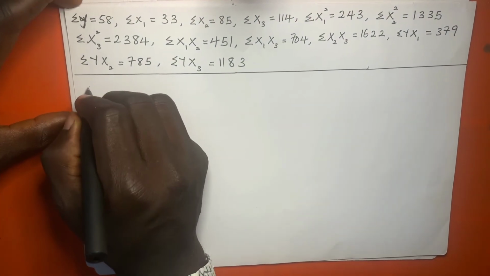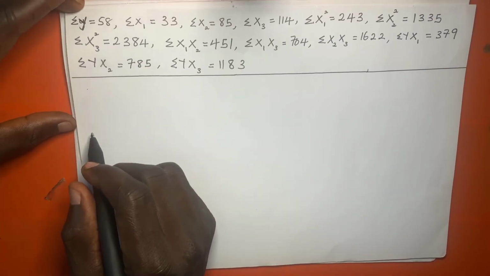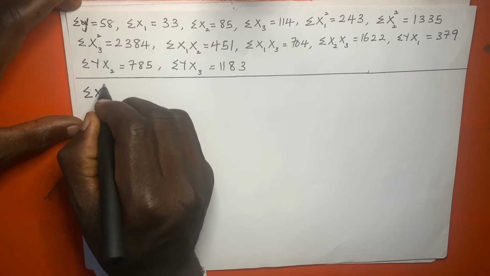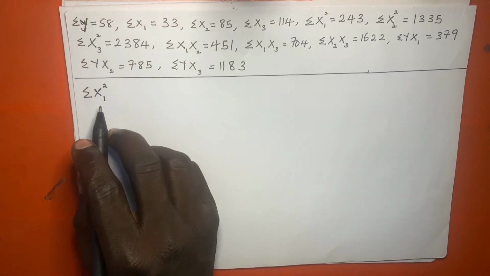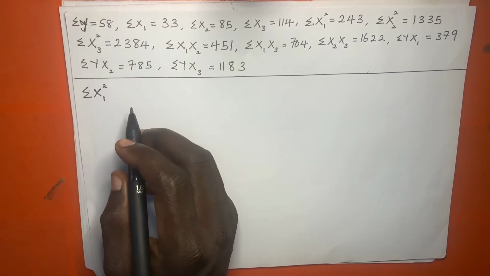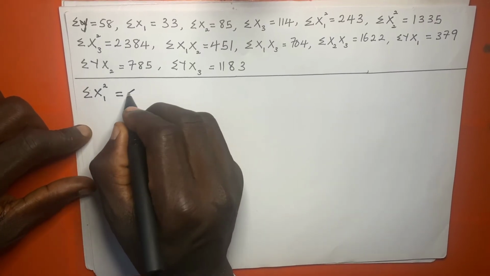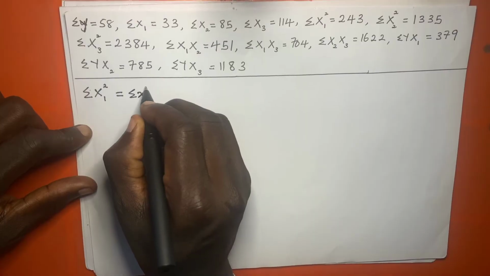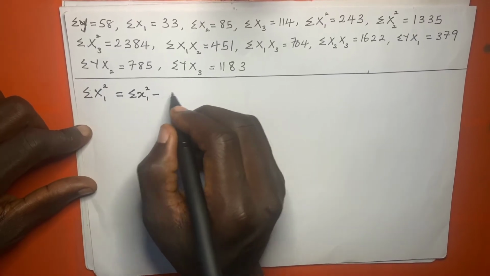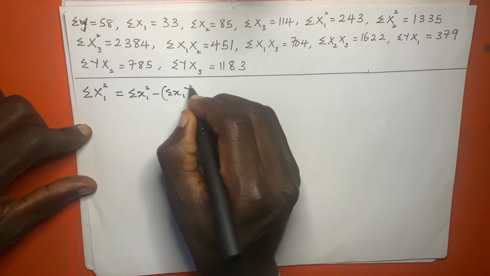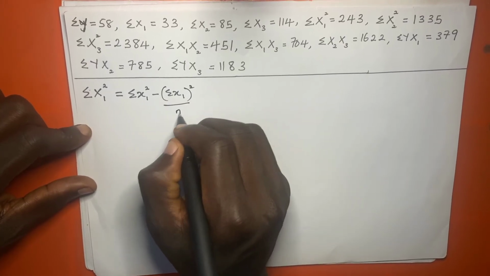Summation x1 square. If you notice, I'm using capital letter here, but in the other one I'll be using the lowercase. This is equal to summation x1 square minus summation x1 all square divided by n.